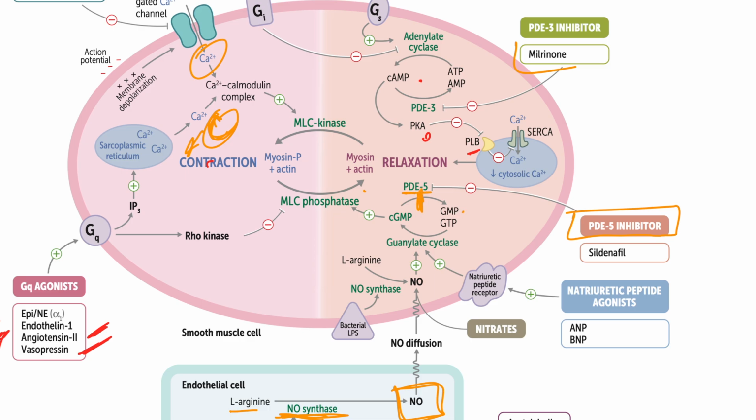So we stop this conversion with sildenafil to increase cyclic GMP. That would potentially cause more relaxation, right? And other than that, we have some ANPs and BNPs, which also directly stimulate the guanylate cyclase.